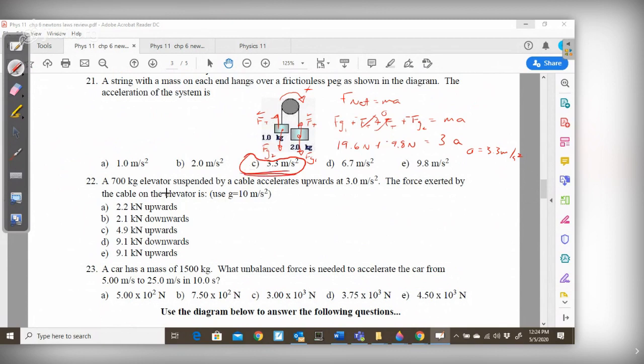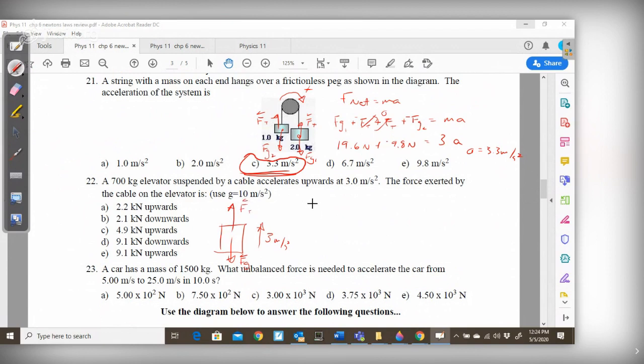All right, 22. Here we have our elevator again. Slightly different question happening here. So here we have our elevator, a 700 kilogram elevator. So we have a force of gravity going down. It is suspended by a cable and is accelerating upwards at 3 meters per second squared. The force exerted by the cable is, so here's our force of tension, right?